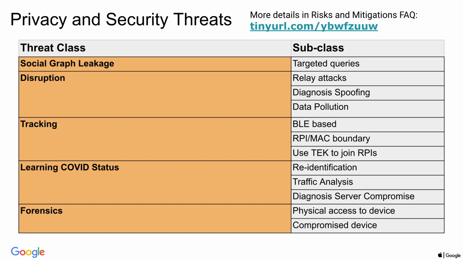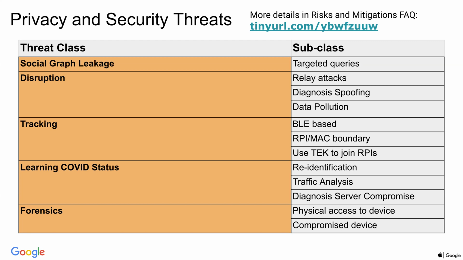And before I go into the details, I want to point to the risks and mitigations document that we published on GitHub. You can see the URL there. This is a very comprehensive analysis of all of the risks and mitigations that we've thought about in the design process.